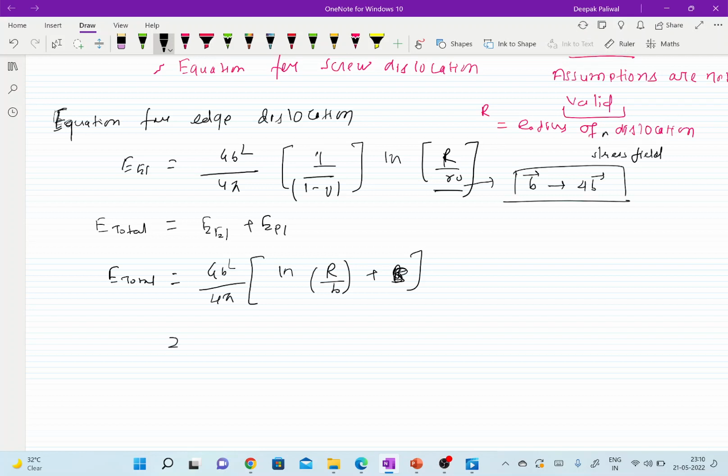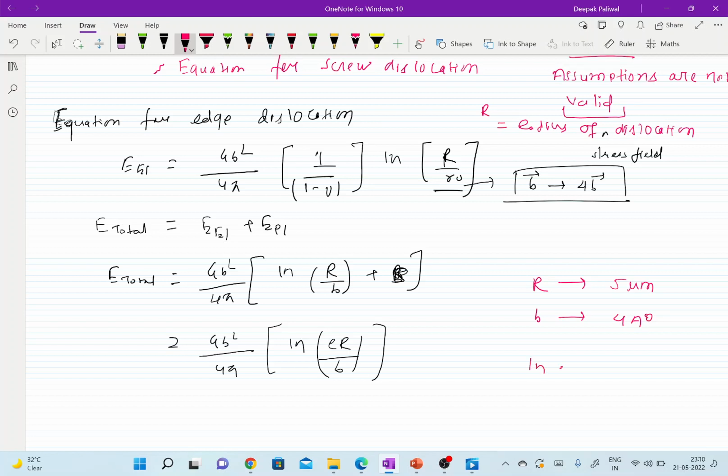If I make some constant also, then I can write it like ln eR by b. Here e is again a constant value, and if I assume some arbitrary numbers, like the radius of the dislocation is 5 micrometer and b is 4 angstrom, then this ln eR by b value is approximately around 8 pi.